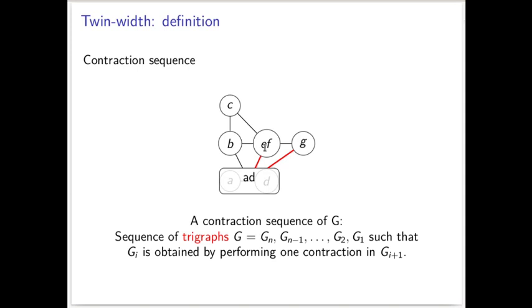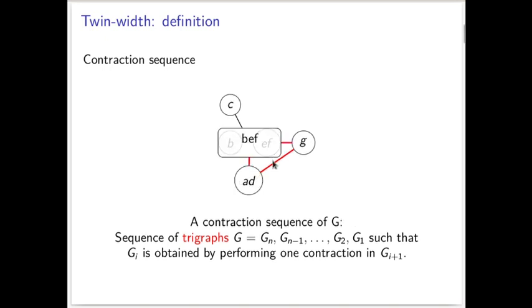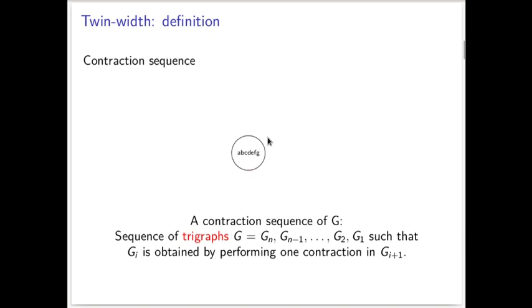In that case, we need another rule to decide the adjacency between AD and BEF. This rule is that red edges are absorbing black edges, so there will be a red edge between them. We continue this contraction sequence until we reach the graph with only one vertex, A, B, C, D, E, F, G.